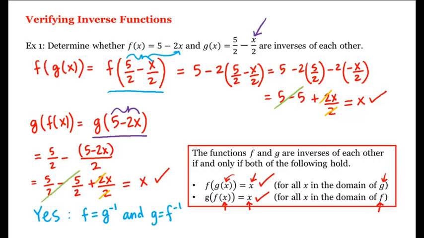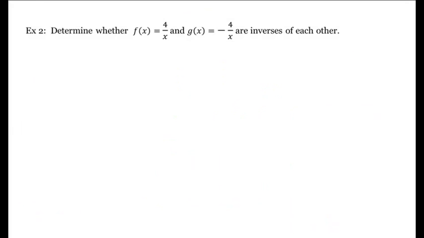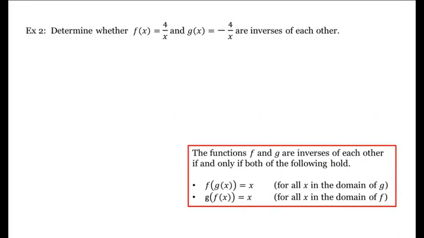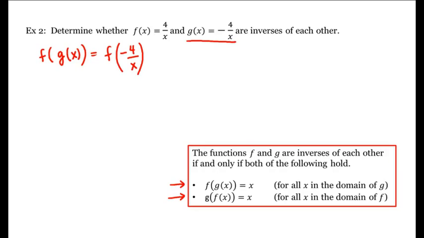All right, let's look at another example. Let's determine whether these two functions are inverses of each other. Again, we're going to compute both of these compositions and see if they yield x. So let's start with f of g of x. This is equal to f of negative 4 over x, because g of x is equal to negative 4 over x.